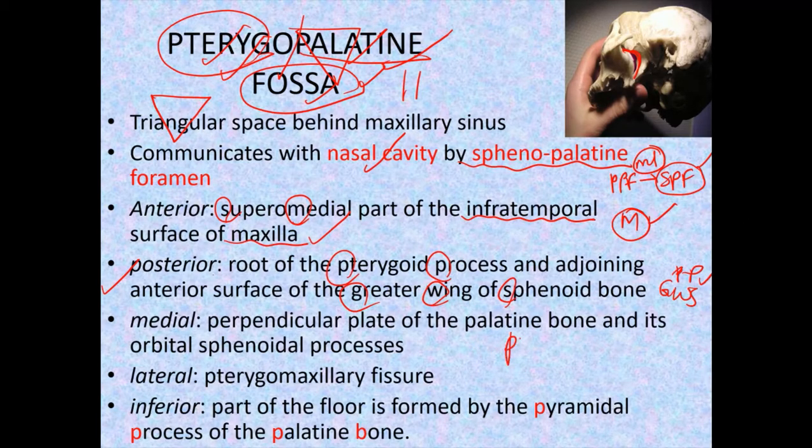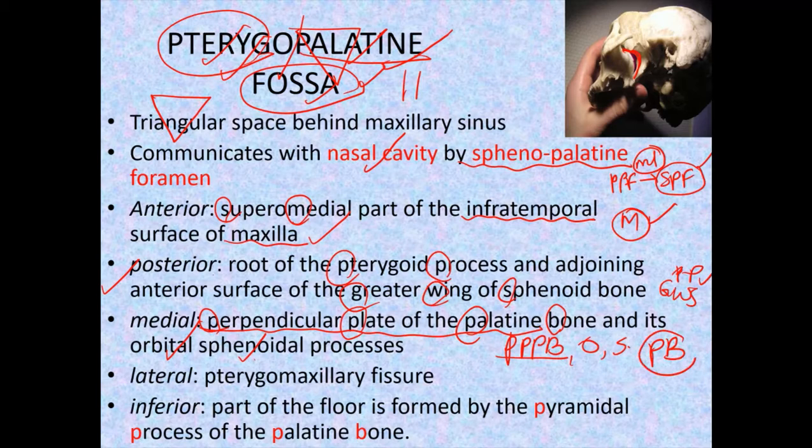Medially is the perpendicular plate of the palatine bone and the orbital and sphenoid process. So the medial boundary of this pterygopalatine fossa is the perpendicular plate of the palatine bone. You could remember it like SPV, P: perpendicular plate of palatine bone and orbital and sphenoid process of the palatine bone.